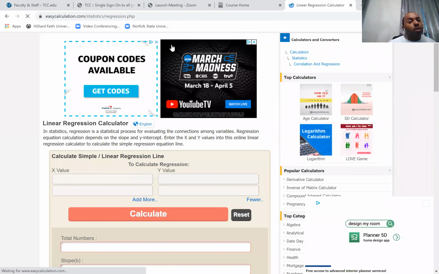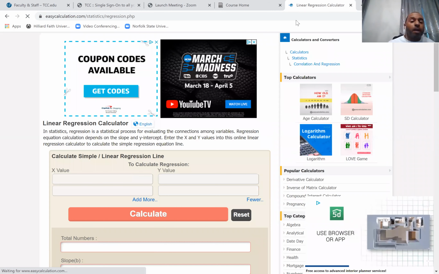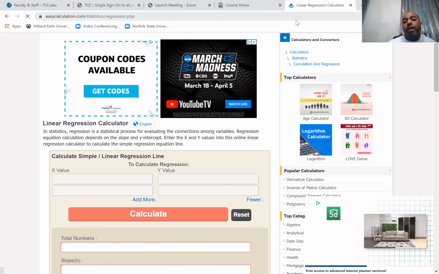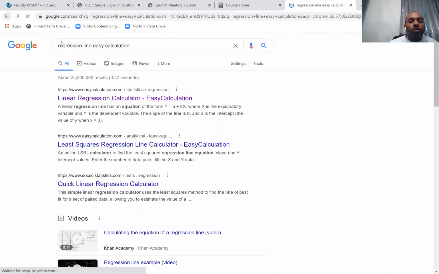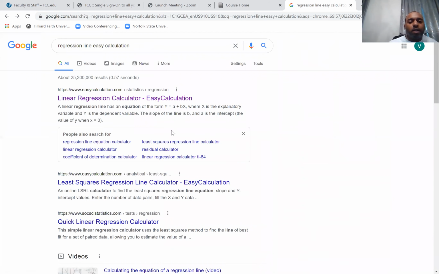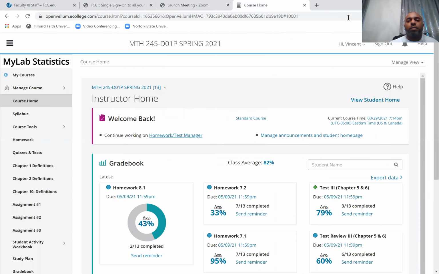So just showing you, like I said, the same type of deal. Just type in that and easy calculation behind it, and it will give you your options. First one is regression on easycalculation.com, but there are other options down here as well. And once again, if you want to use an app, there are a bunch of free things out there that you can use.